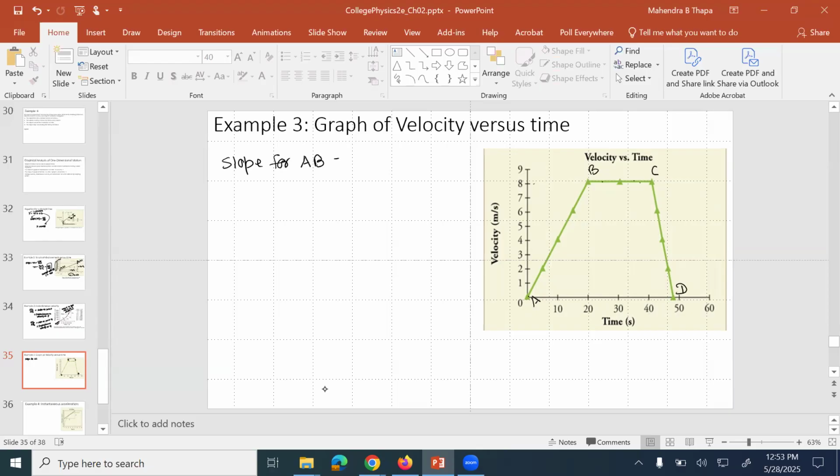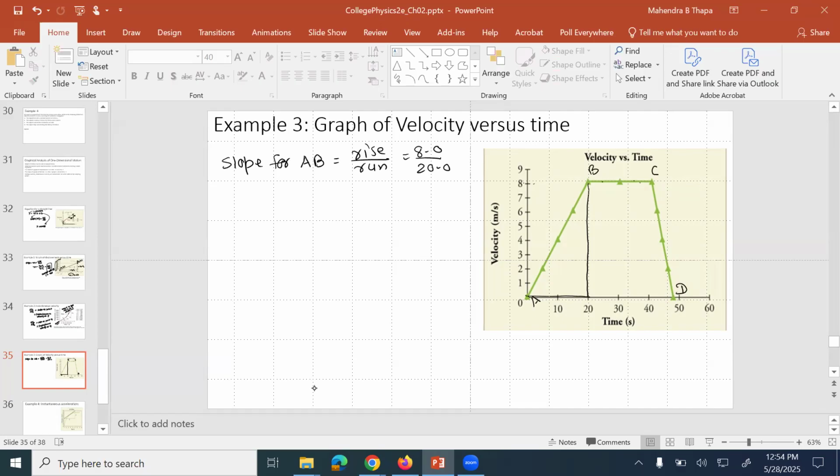So this will be rise over run. Look at here, there are 2 points A and B. So rise will be 8 minus 0, and run will be 20 minus 0.